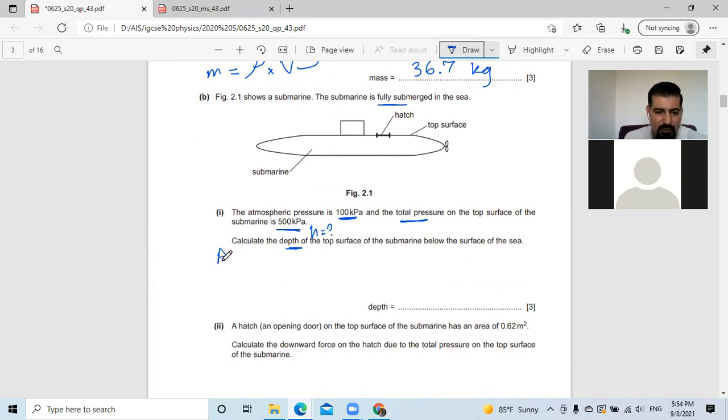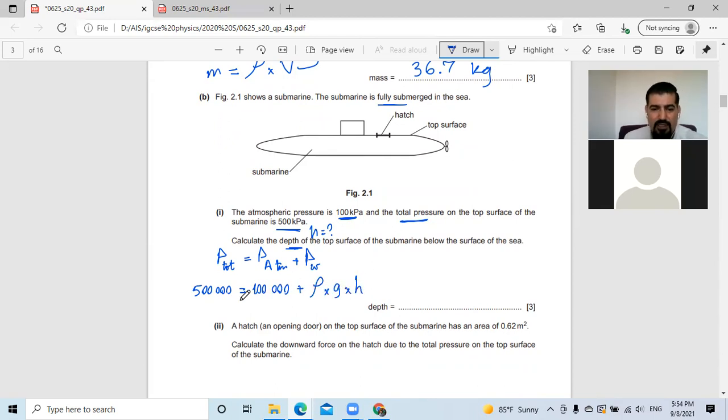Now we know that total pressure equals the pressure of the atmosphere plus the pressure of the seawater. So 500,000 equals 100,000, the atmospheric pressure, plus density times gravity times depth. I'm asking about the depth.